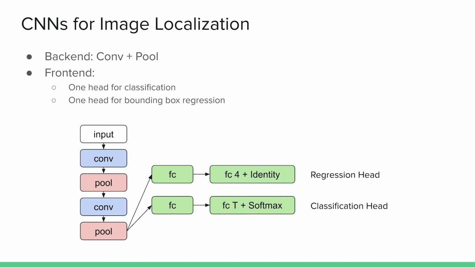Nothing prevents us from creating just two branches here. And that one would have 4 outputs and the identity function. And those 4 outputs could be, for example, the X, Y position, width and height, which I think would be the most reasonable way to encode the position here. And that would be our network for image localization.